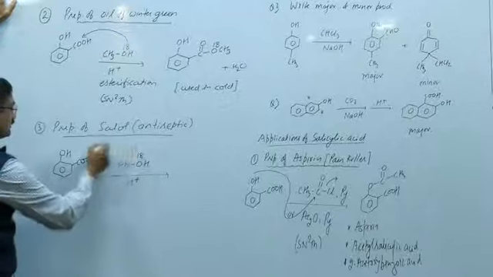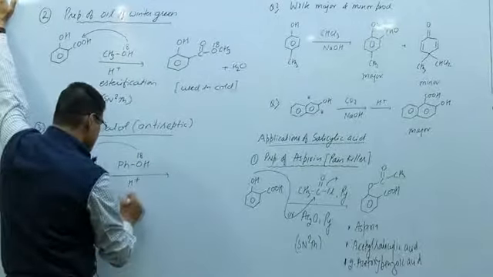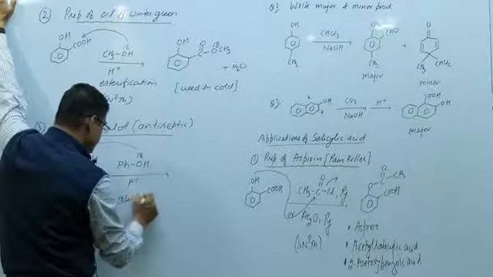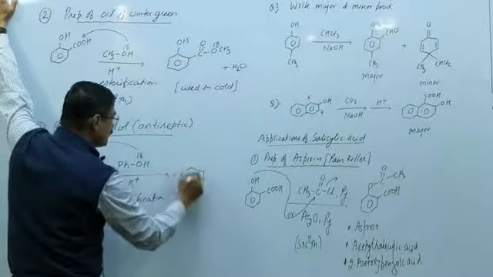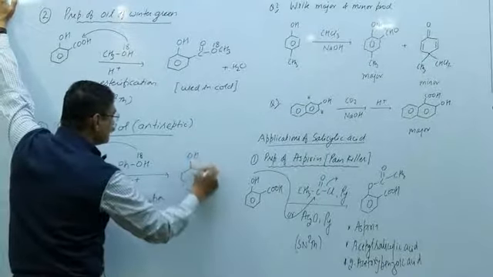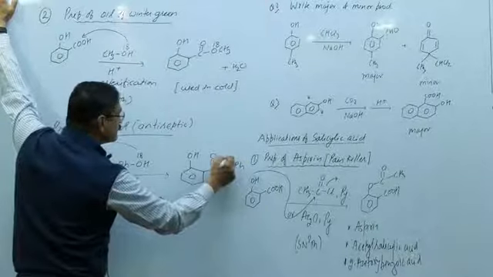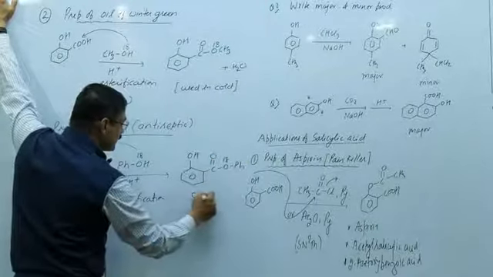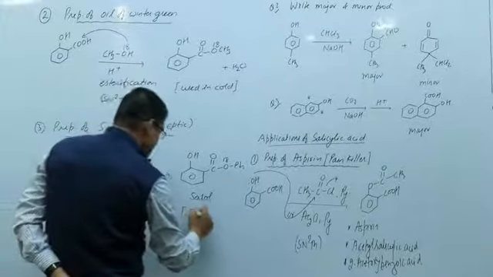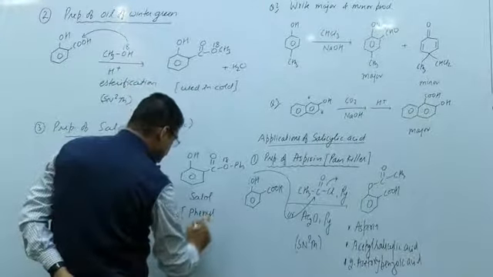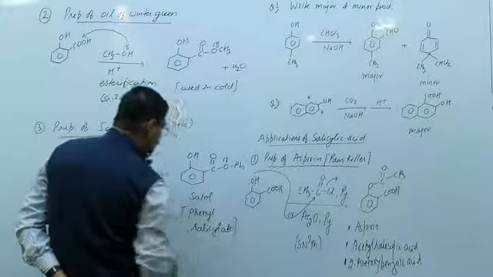So again phenol acts as a nucleophile. This is also esterification. And the product is known as salol, or you can write the other name, phenyl salicylate, which is the common name.